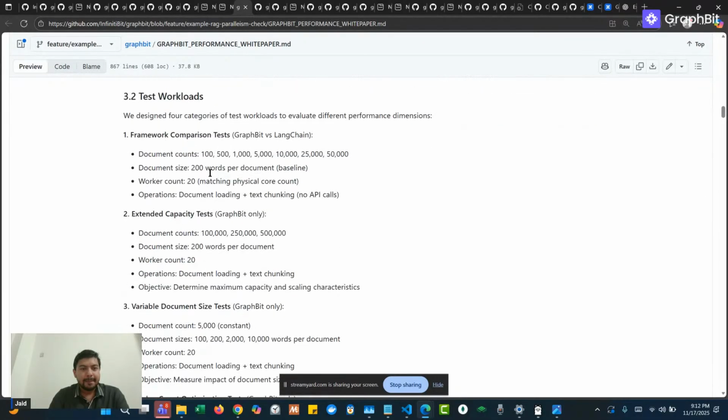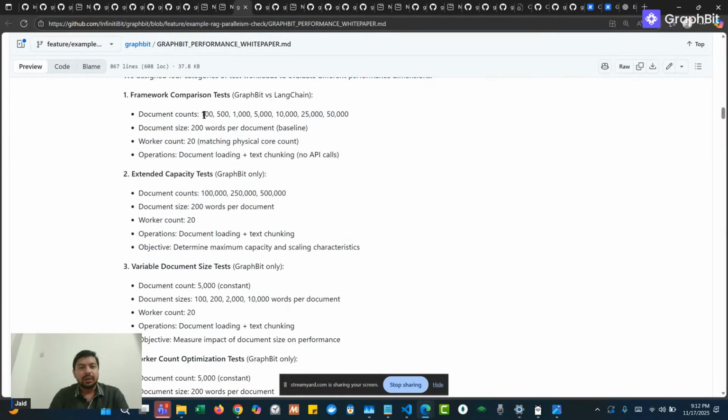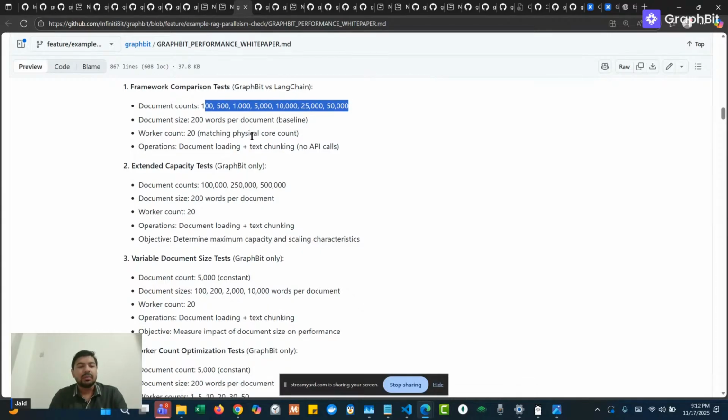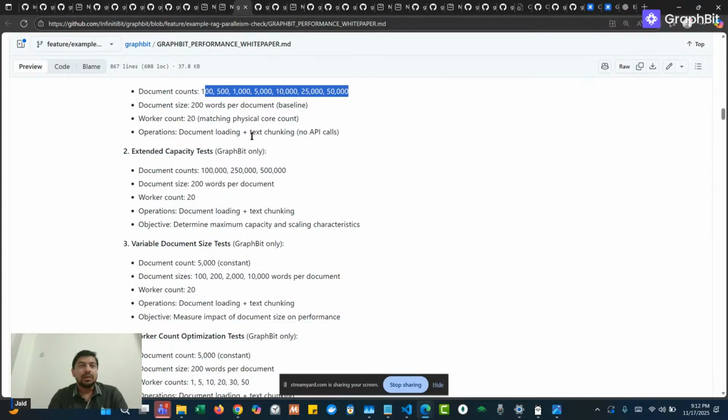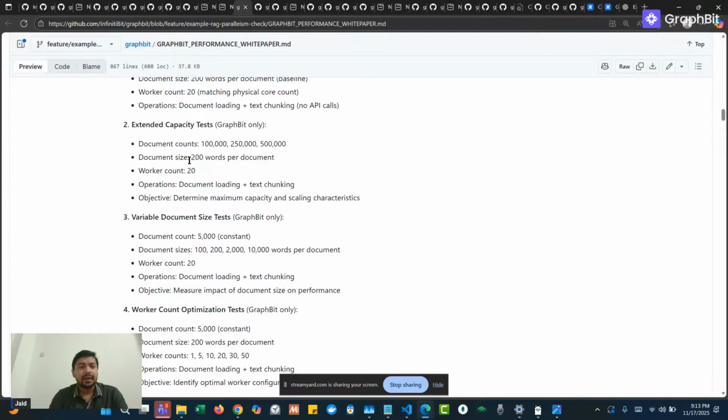Incrementally, you can see we are loading documents per iteration, from 100 up to 500, 5,000, 10,000, and at max 50,000 in the final iteration. Each document is 200 to 1,000 words or tokens, and the max worker count we are using is 20.